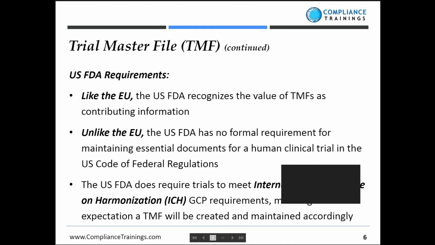Now, the US FDA requirements are a little different. Like the European Union, the US FDA recognizes the value of TMFs as information contributed to the ability to look at a trial and see how well it was conducted and look at the quality of the data. But unlike the European Union, the US FDA does not have a formal requirement for maintaining essential documents for a human clinical trial in the US Code of Federal Regulations.